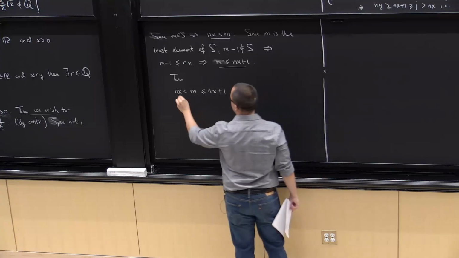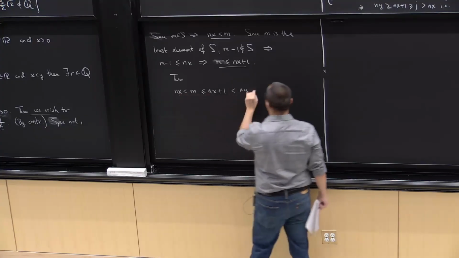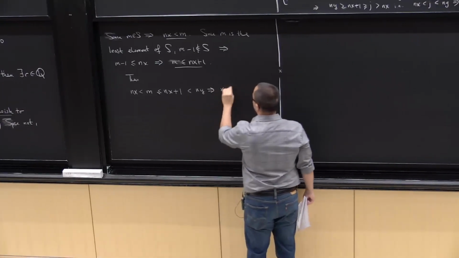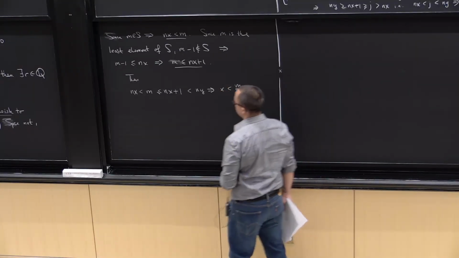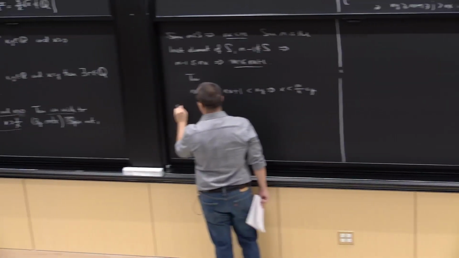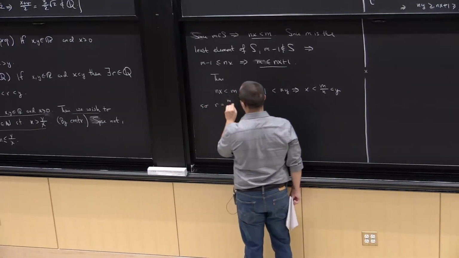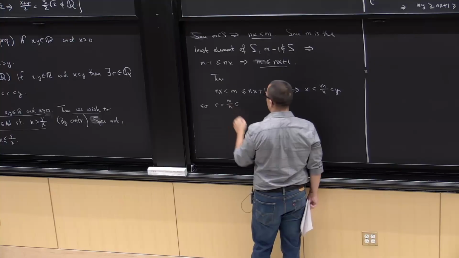So we have nx is less than m is less than ny. So that means x is less than m over n is less than y.